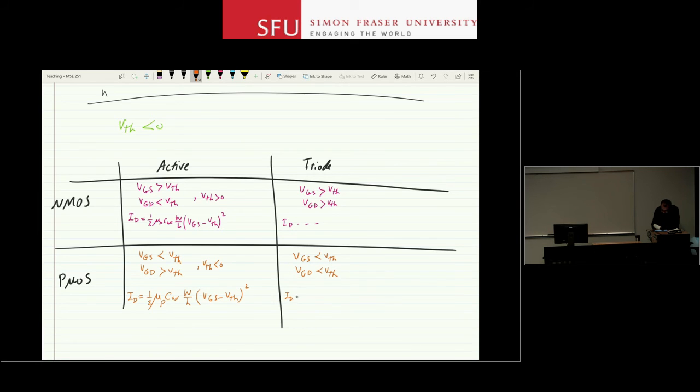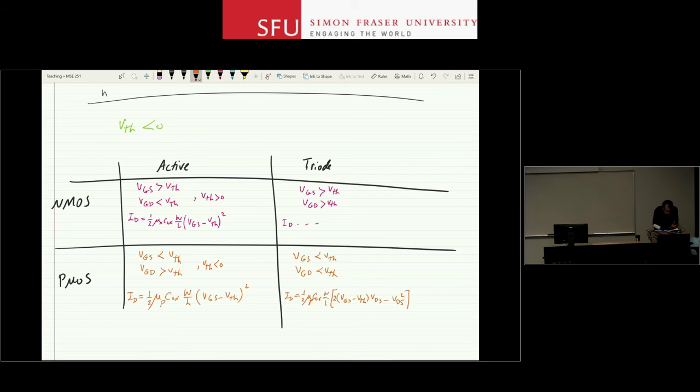And if you go and write the equation for the voltage and current, it's going to be 1/2 mu p C oxide W over L times (VGS minus VTH) times VDS minus VDS squared. Again, same equation.